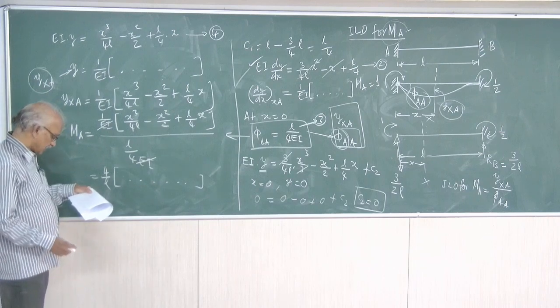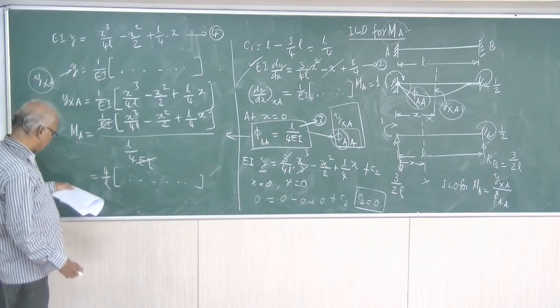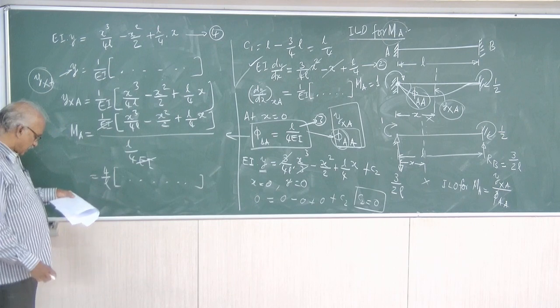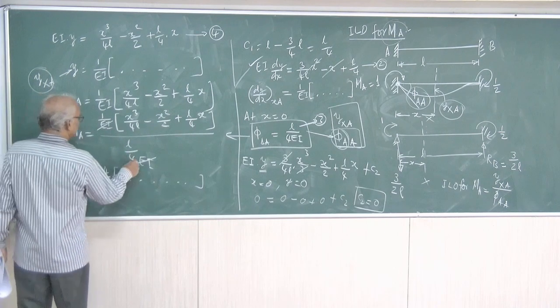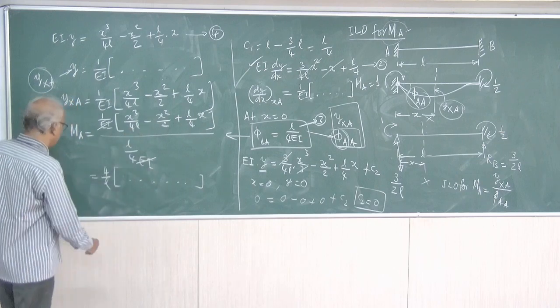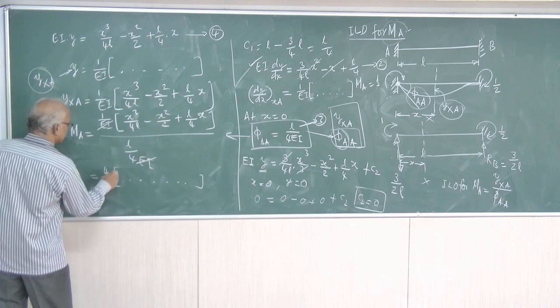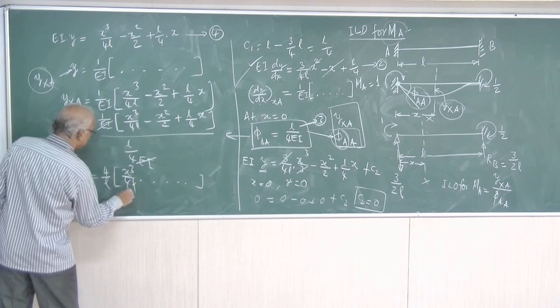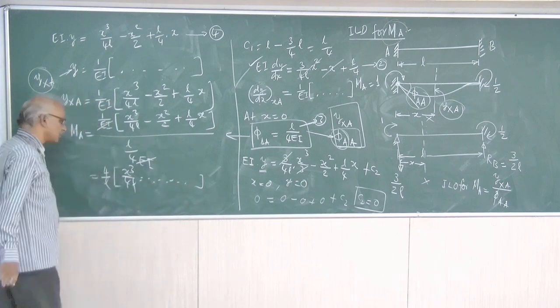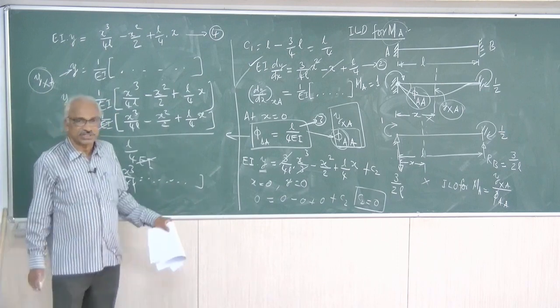When this 4 by L is taken inside, the 4 and 4 will get cancelled, because this is x cube by 4L and some other value. So that is the governing equation.